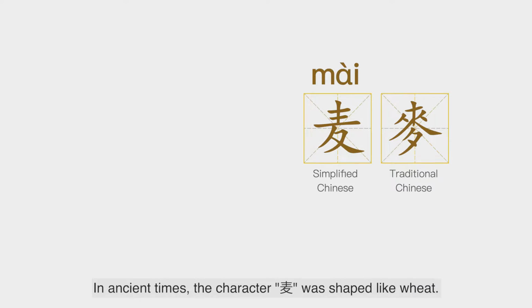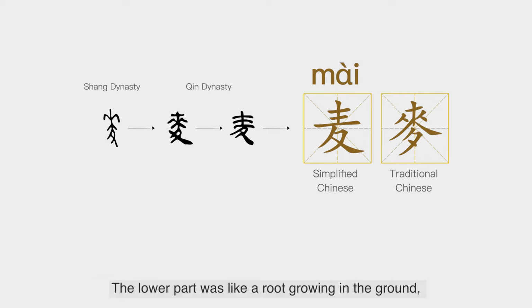In ancient times, the character mai was shaped like wheat. The lower part was like a root growing in the ground, and the upper part was similar to the shape of a wheat ear.